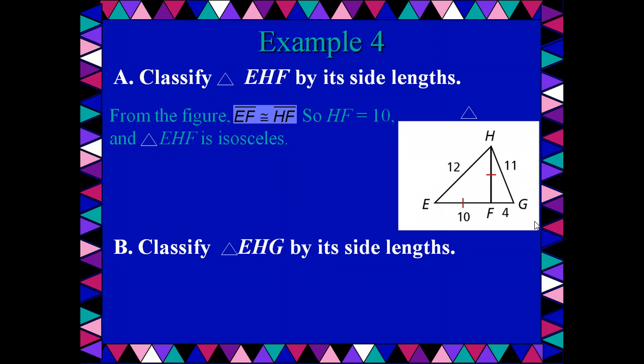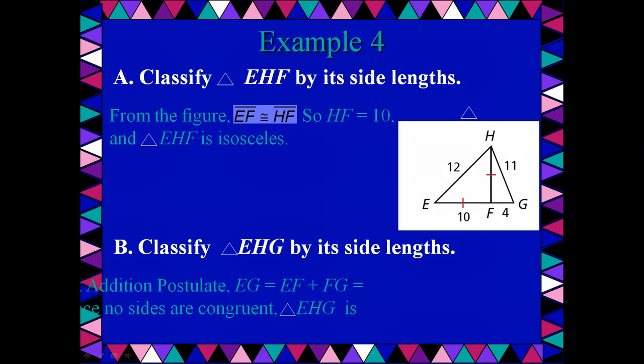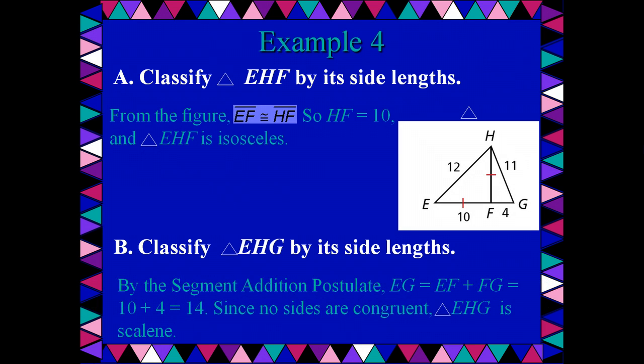So EHG, the whole triangle. And we see that if we add these two together, this is 14, 11, and 12. By the segment addition postulate, we have EG equals 14. Since no sides are congruent, it is a scalene triangle.